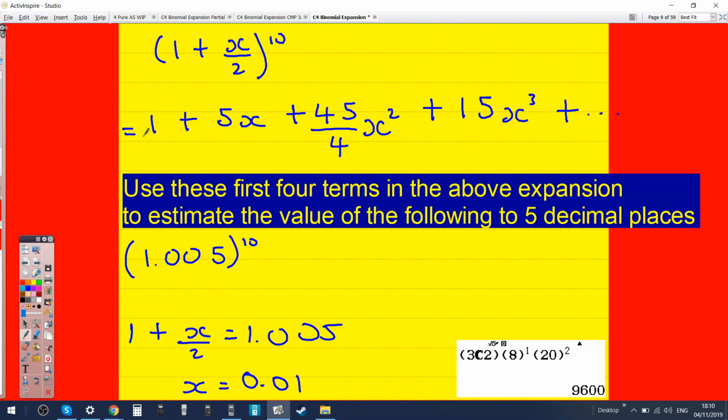And so, a minute ago we expanded this, up to the power of 10. I expanded the first 4 terms for part A. Part B says use these first 4 terms in the above expansion to estimate the value of this. Any idea how you do that?